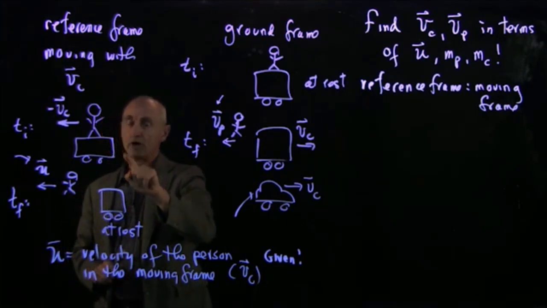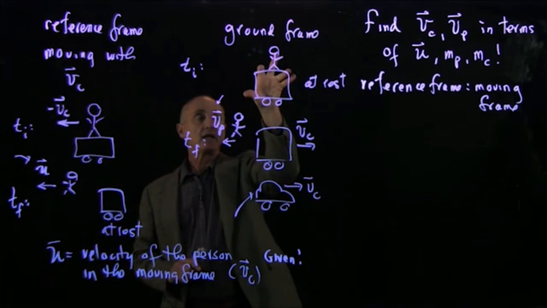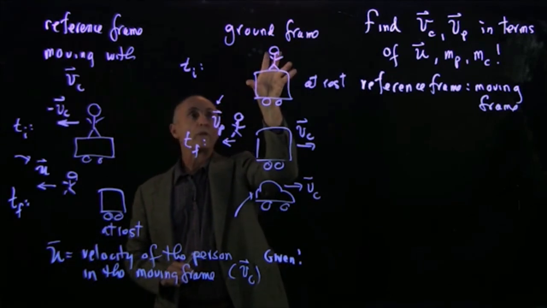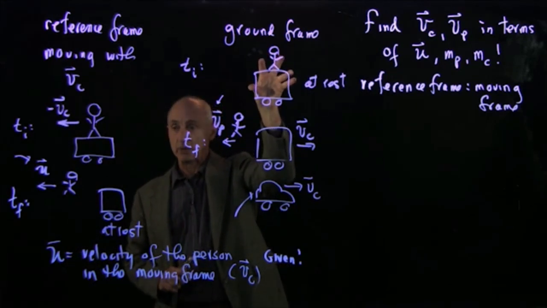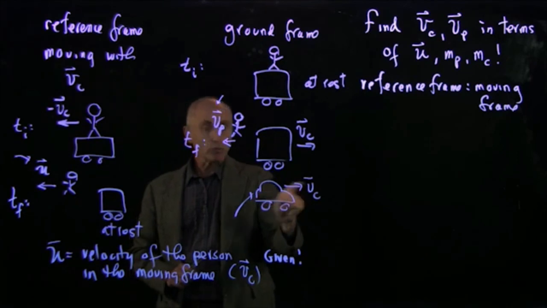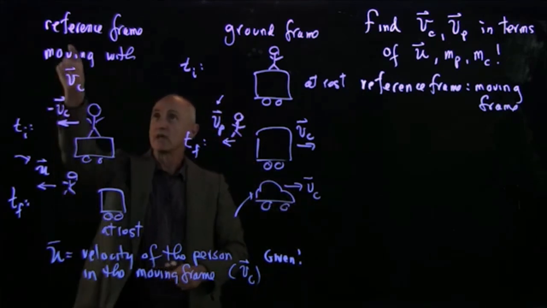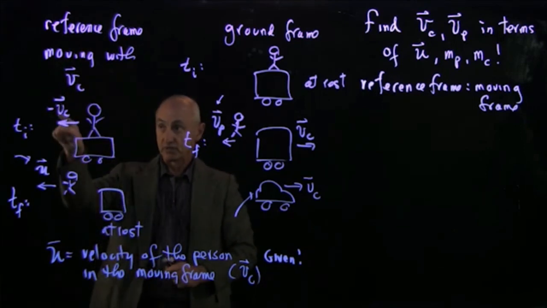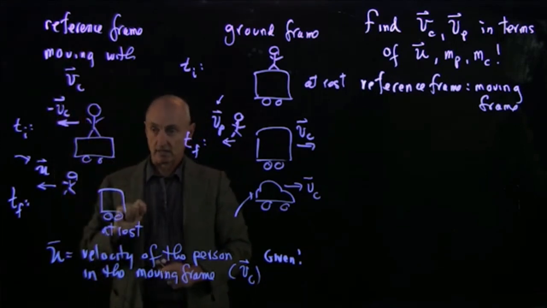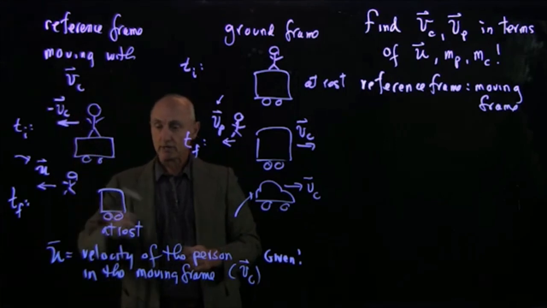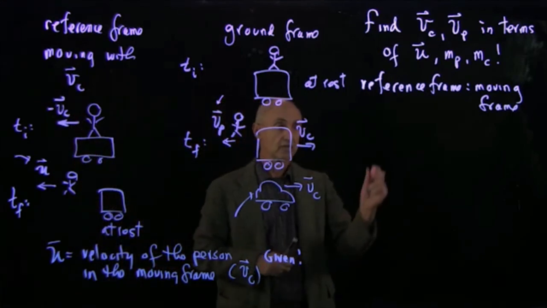The tricky part was to realize that in the ground frame, when the cart is at rest, an observer moving with speed vc would see the person and the cart moving backwards in the moving frame with the speed minus vc. So now we can apply the momentum principle to these two states.